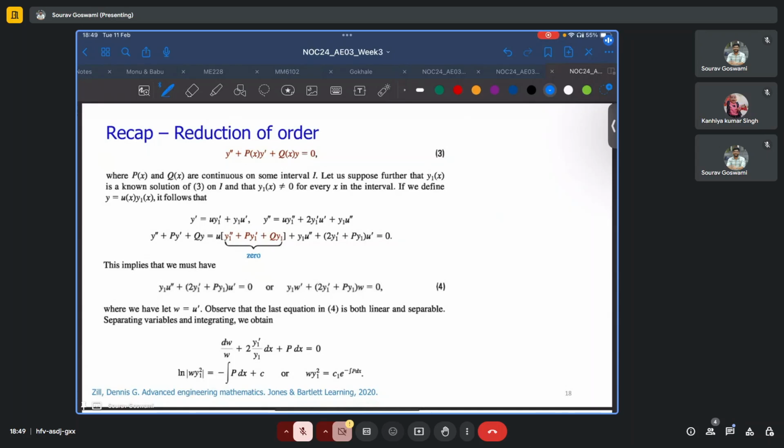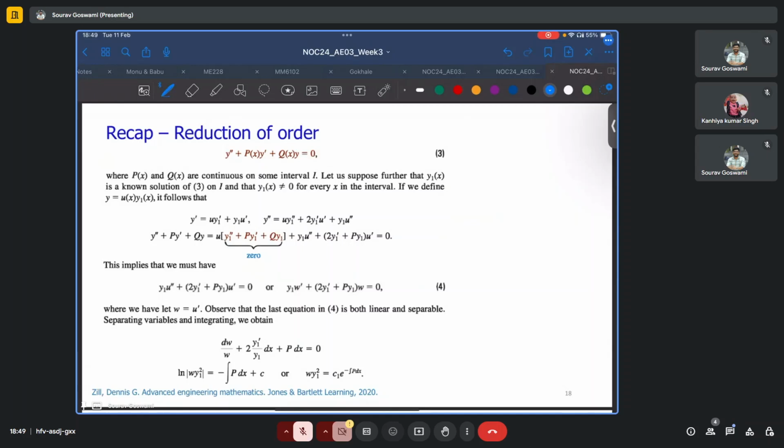Again, as we were discussing about the degree and order of a given ordinary differential equation, if an ordinary differential equation is of order 2 or more, and if one of the solutions is given to us, then using that solution, we can reduce the order of the given differential equation and make it more amenable to solution.